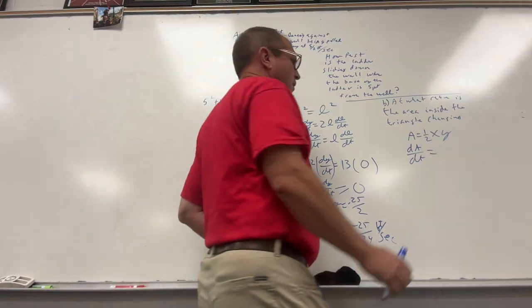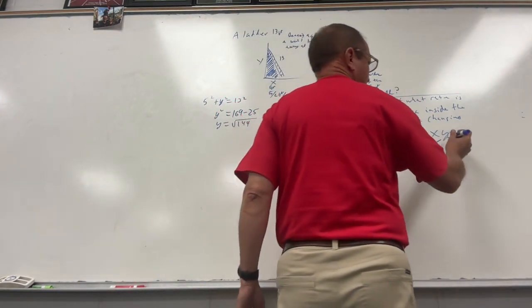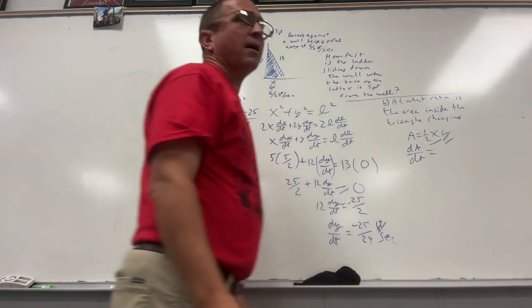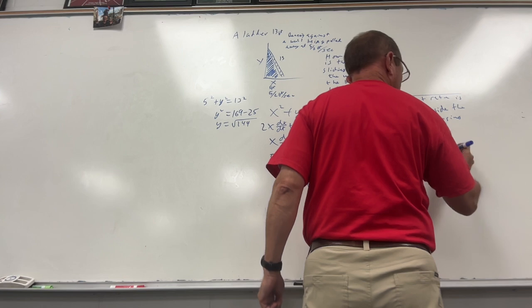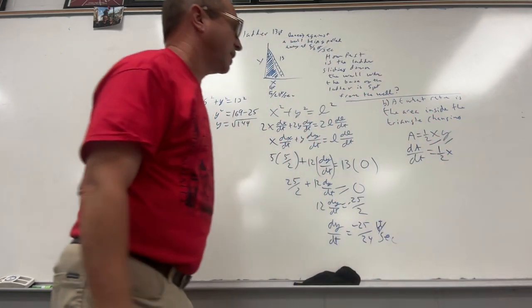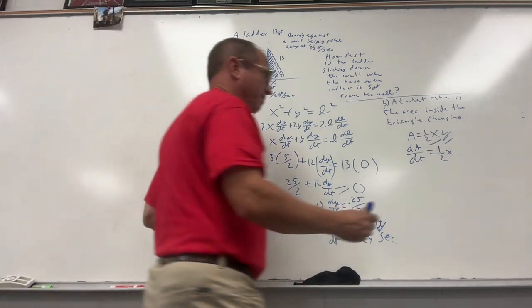So let's take the first term and call it 1/2 x, and let's take the second term and call it y. So it's going to be the first term times the derivative of the second term. And what would be the derivative of y? dy dt.